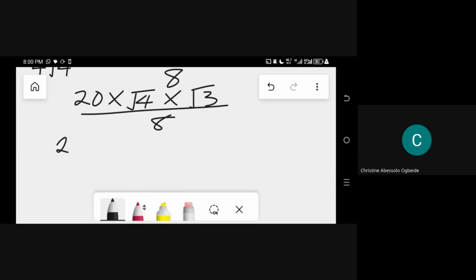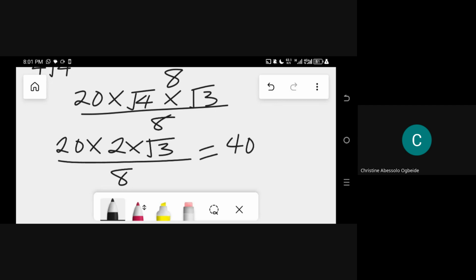So that's 20 times 2 times root 3, all over 8. 20 times 2 is 40. So at the top we have 40 root 3, because 20 times 2 is 40, then times root 3.